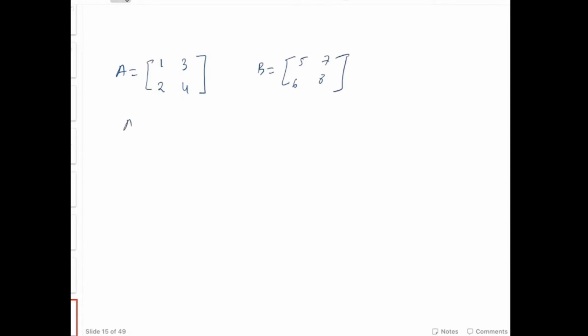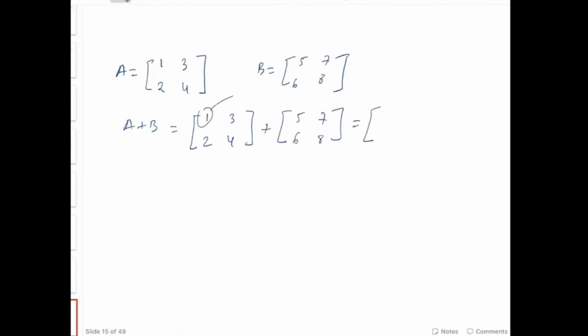We can have A plus B equal to 1, 2, 3, 4 plus 5, 6, 7, 8.